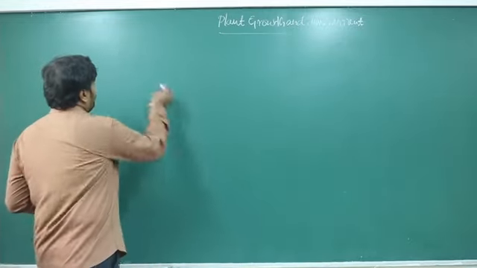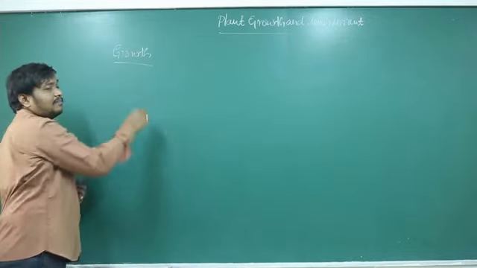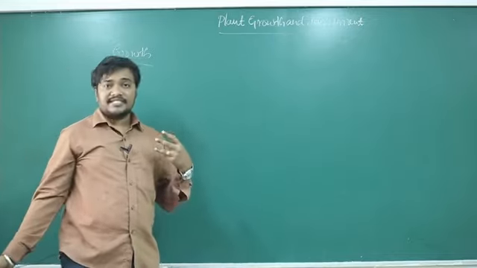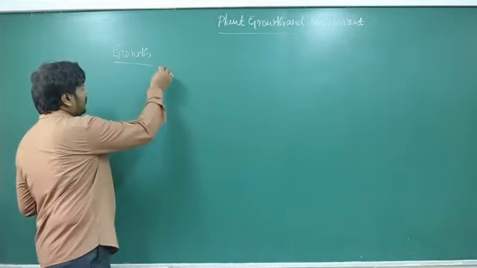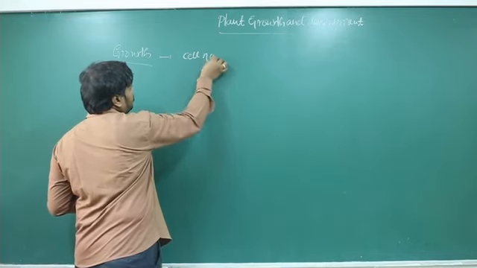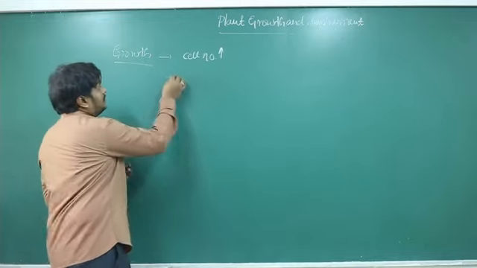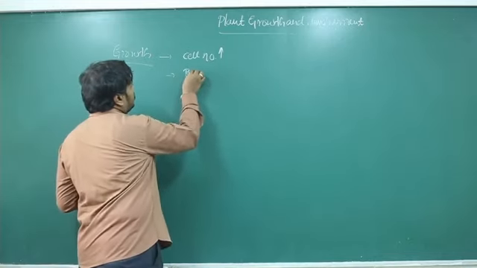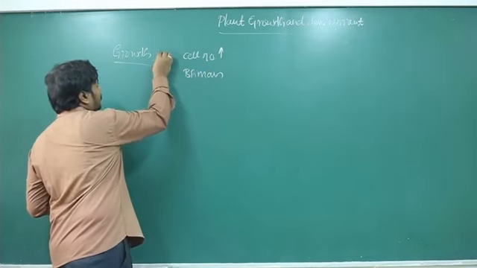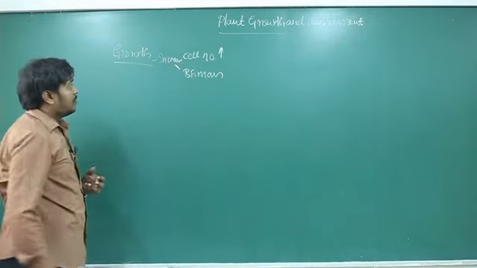Okay, so as you know, the definition of growth, it is irreversible increase in the mass of an organism. Okay, so growth can be measured in terms of increase in cell number. Increase in cell number is itself a growth. Then increase in biomass. Okay, so increase in cell, increase in biomass.